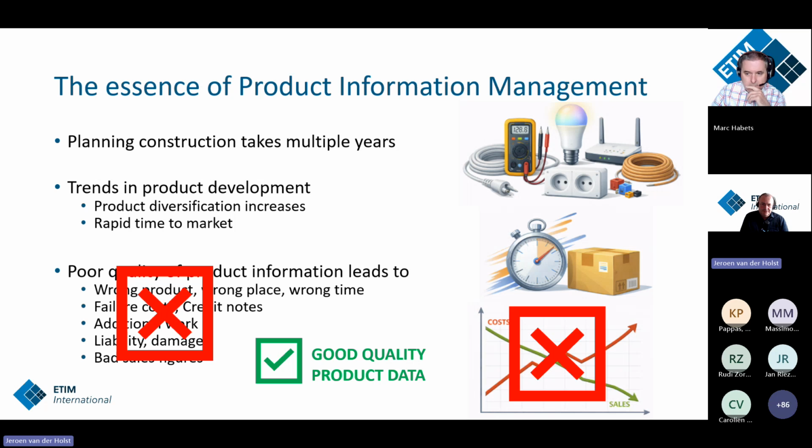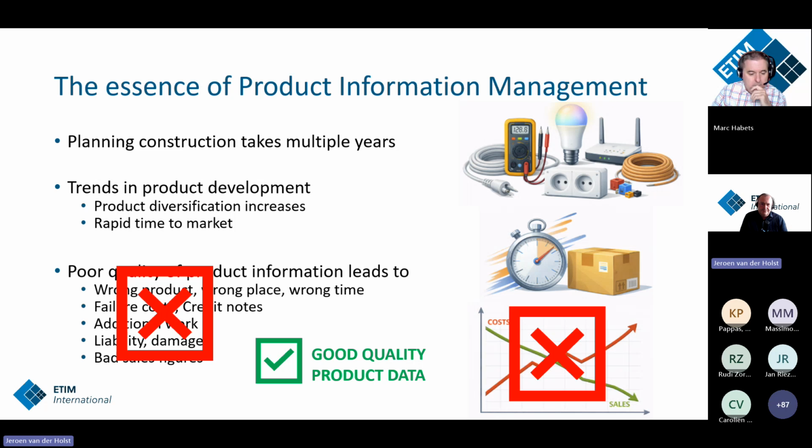But there are also some conflicting trends we need to take a look at. Planning of a construction project is getting more detailed with things like building information modeling, but it takes multiple years until all contracts are signed and permits have been granted. In the meantime, on the other hand, research and development departments are significantly speeding up their time to market, while product diversification goes to the next level.